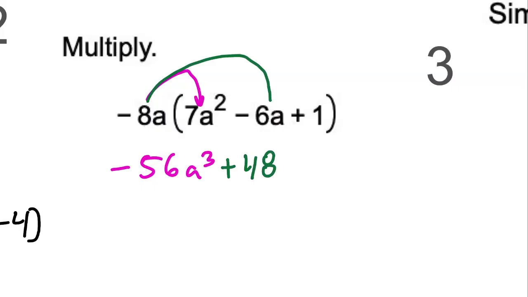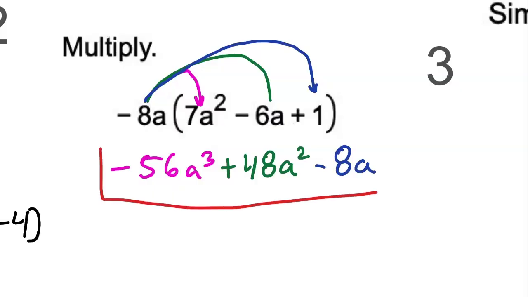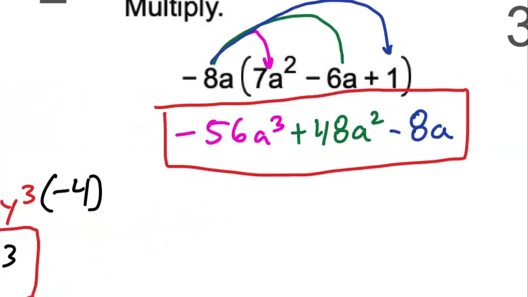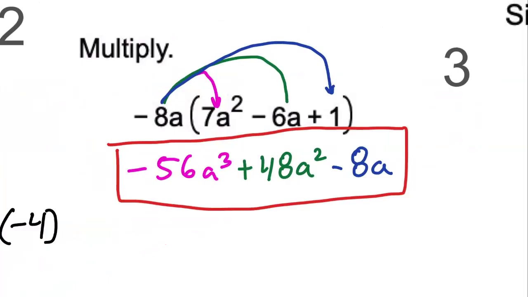Sorry, my apologies. And then a times a will give us a squared. Then negative 8 times positive 1 is just negative 8. And a has nothing to multiply, so you just bring it along with it. That would be your final answer: negative 56a cubed plus 48a squared minus 8a. You can pick whichever method you want, the long way or the shorthand way. Either way, you'll get to the right answer in the very end.